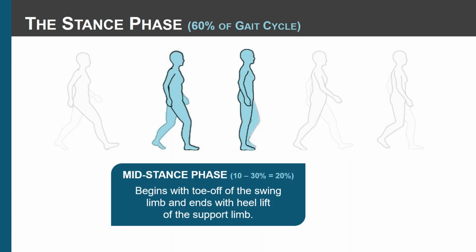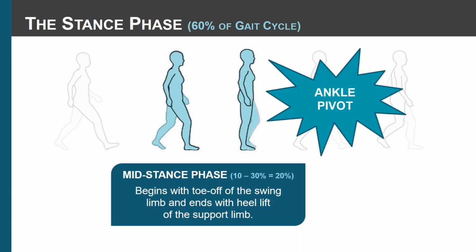This is also the ankle pivot point of the gait cycle. Essentially, its function is to transfer the body's weight from heel to forefoot. The main pivot point for the ankle pivot doesn't actually occur between the foot and the ground. It actually occurs in the ankle joint complex itself.